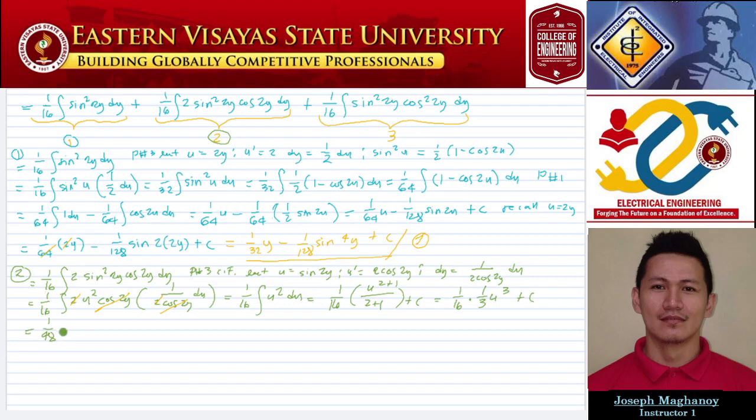Then replace with u. We recall the value of our u, which is sine 2y. So what is the power of our u? 3. Sine cubed 2y plus c. So 1 over 48 sine cubed 2y. So this is your answer for second term.